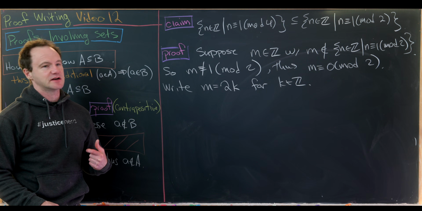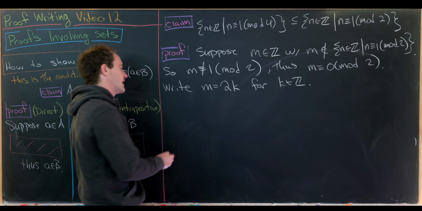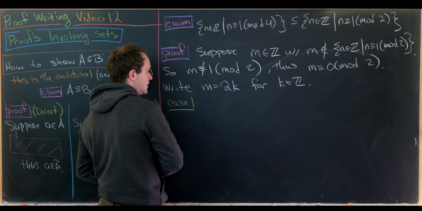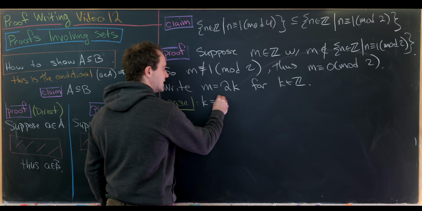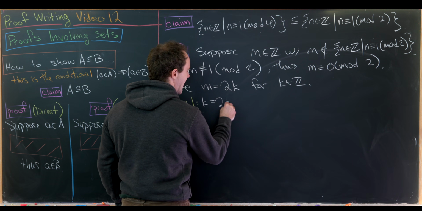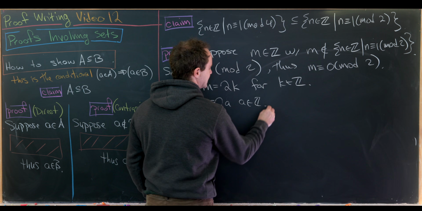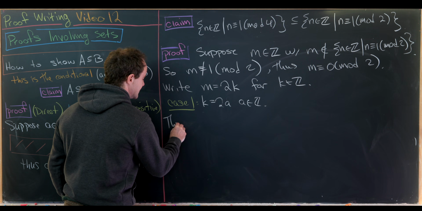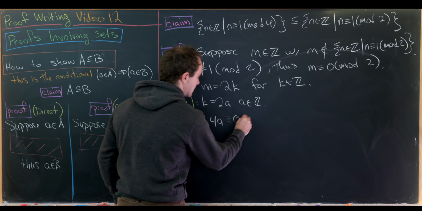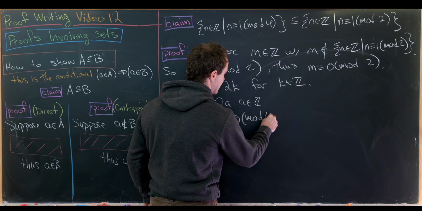And now let's break this down into 2 cases depending on the parity of k. So here's our case number 1, which is k is even, thus we can write k as 2 times, maybe I'll call it a, where a is some integer. So in this case, we have m is equal to 4 times a, which is congruent to 0 mod 4.